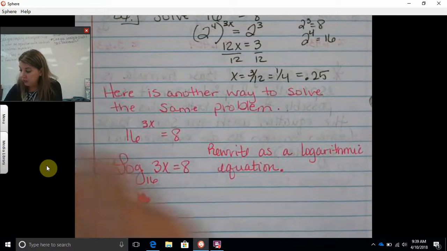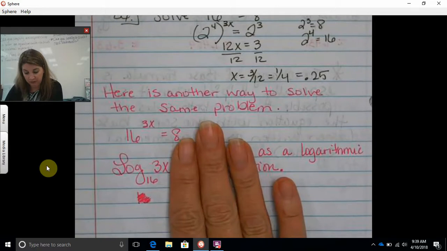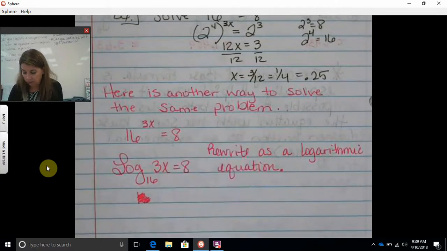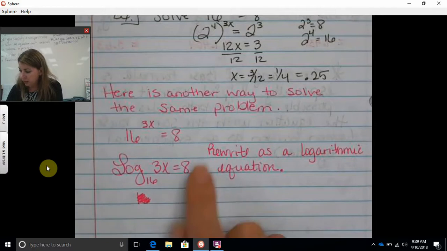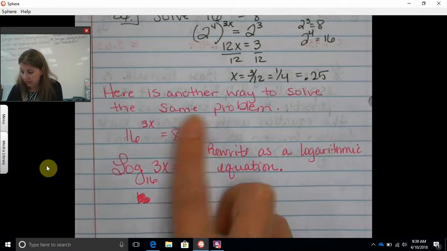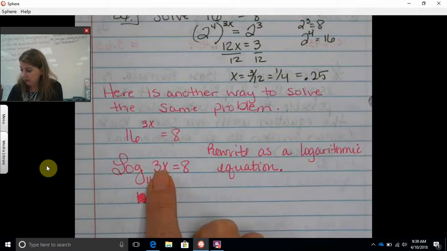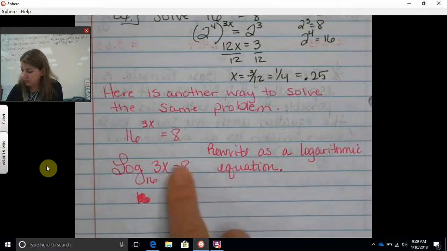What we're going to do is use the change of base formula. I wrote this wrong, didn't I? The exponent should be over here, and the 8 should be here. Yes, exponent always goes on the other side, because remember 16 raised to the 3x equals that.